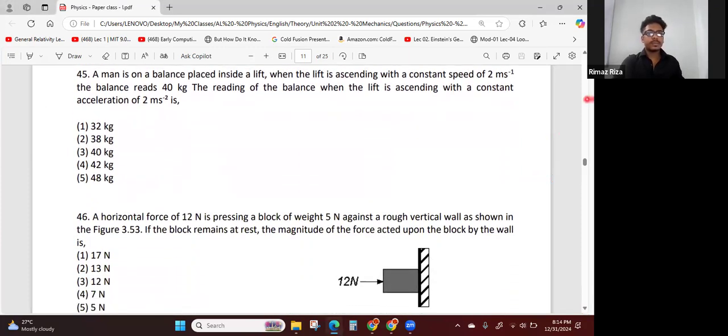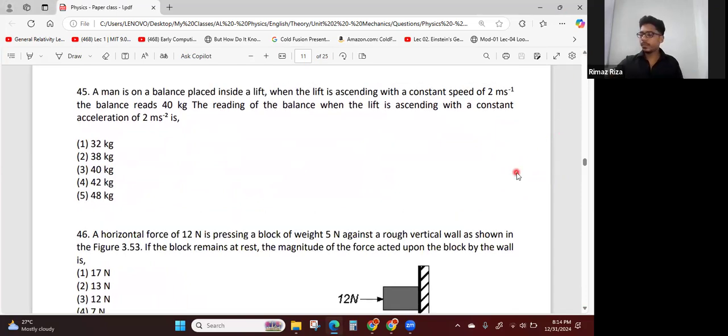Question number 45. A man is on a balance placed inside a lift.